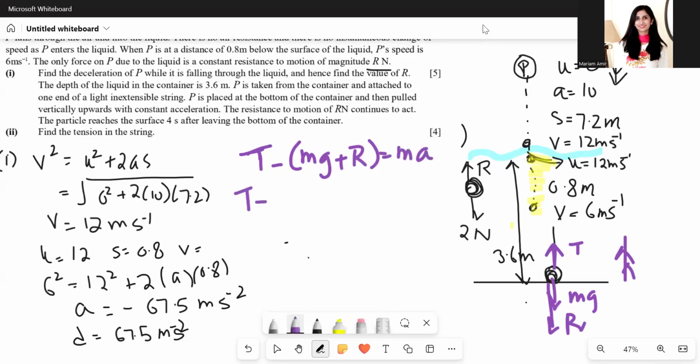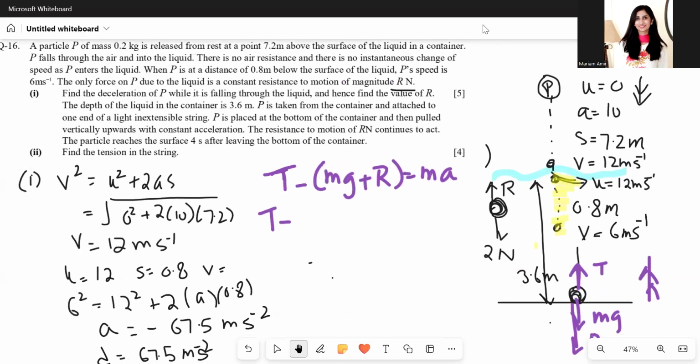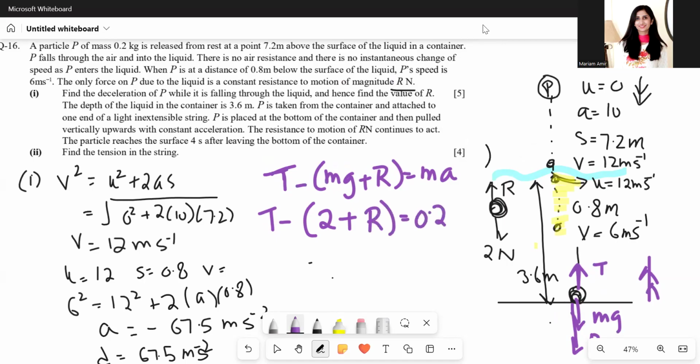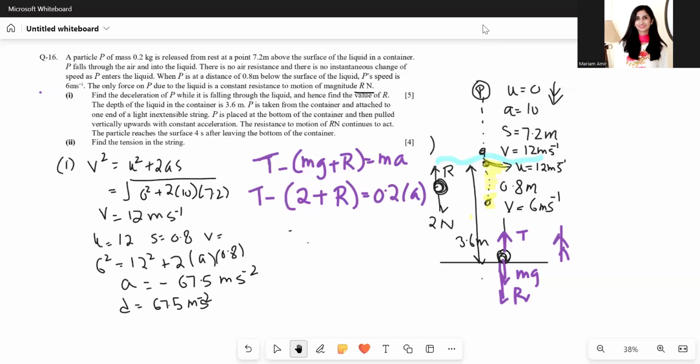Okay, so we have to find tension. What is the mass of this particle? 0.2 kg, so 0.2 into 10 would be 2, plus we have to find R. In fact, we're going to use the same R that we found earlier, which was 15.5.